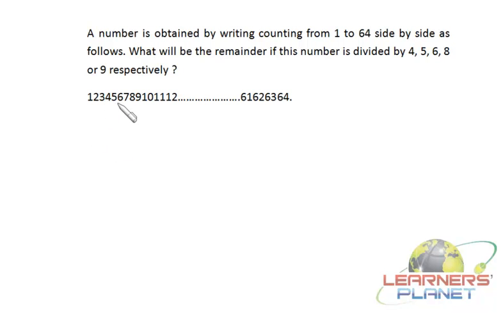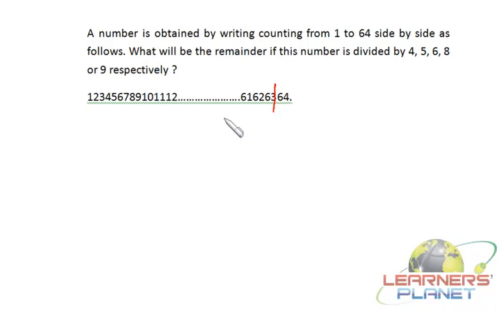Here we see the counting 1, 2, 3, 4, 5, 6, 7, 8, 9, and the counting is going till 64. So definitely till 63. 63 is the last multiple of 9 below 64. So definitely till 63 the sum of digits will be divisible by 9, since the sum of 9 consecutive numbers will be divisible by 9.